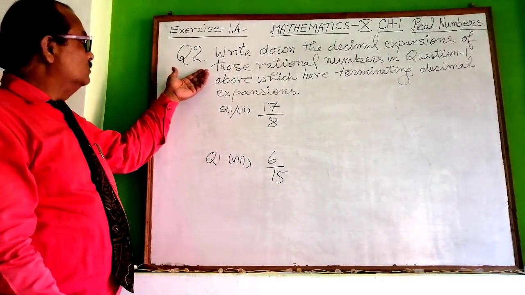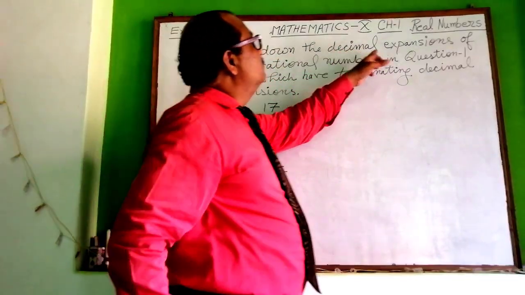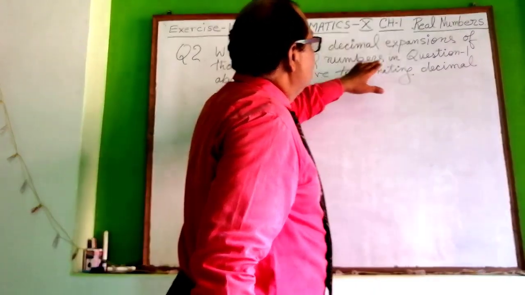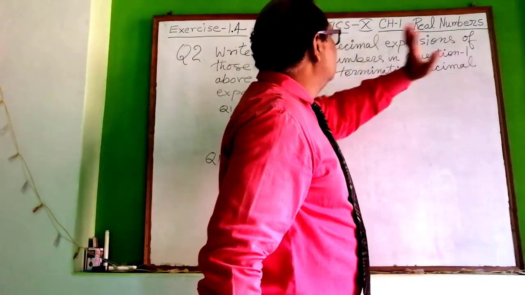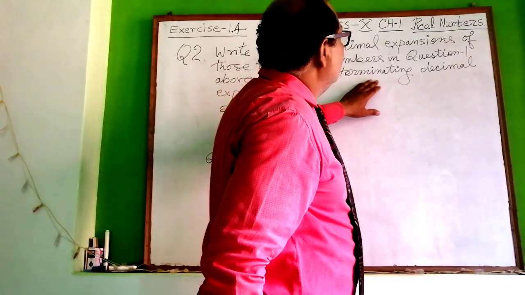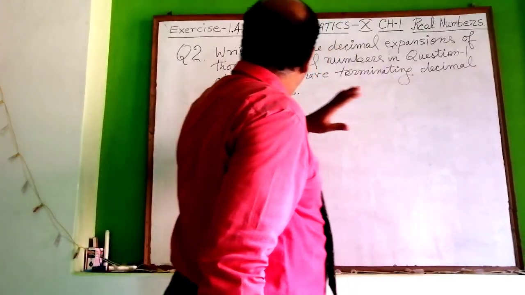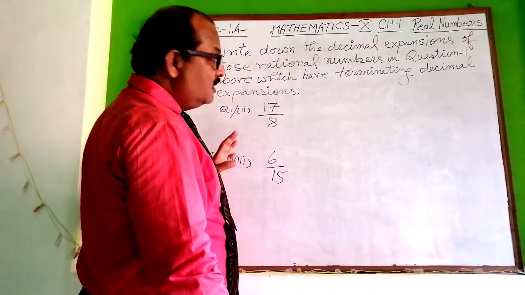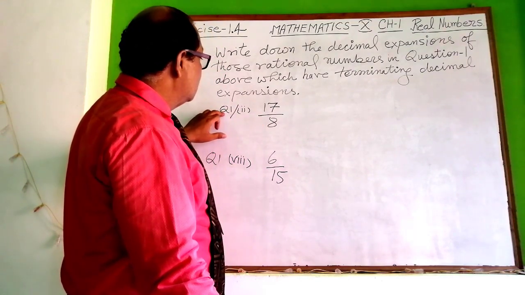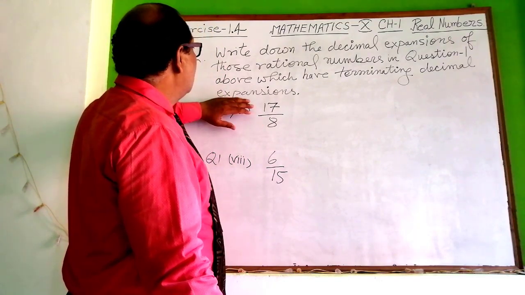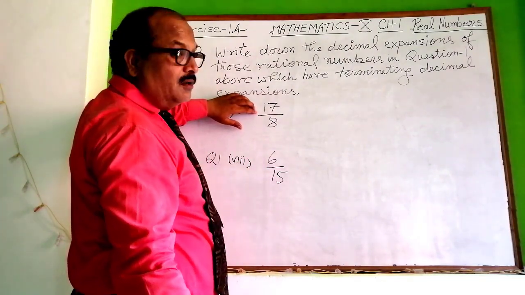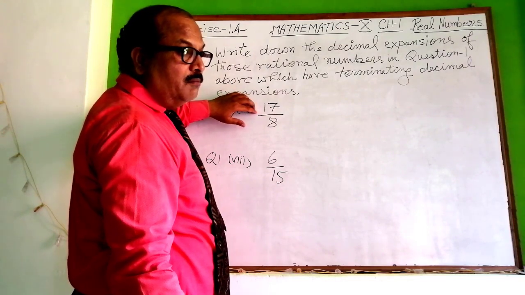Number 2. Write down the decimal expansions of those rational numbers in question 1 above which have terminating decimal expansion. So students, you can see this number. I have taken question number 1 second part on behalf of question number 2. So question number 2 is totally based on question number 1.